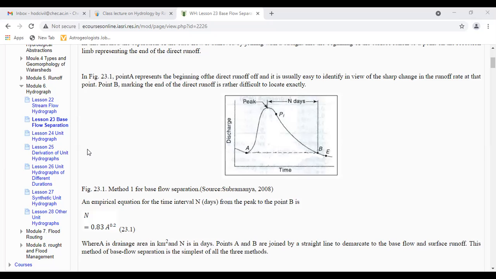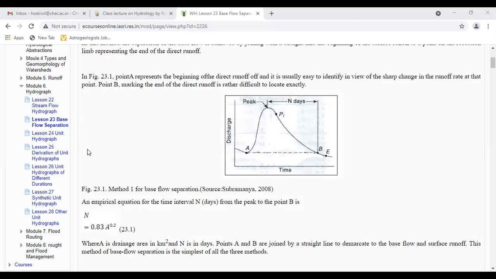However, N as given by the equation may be taken as a rule of thumb and need not be strictly adhered to. If it is giving either too long or too short a base flow separation line, another empirical equation to determine N is given by N equals A times TP, where TP is the time to peak and A is a constant whose value may be taken between 2 and 4 for small basins and more than 4 for large basins.